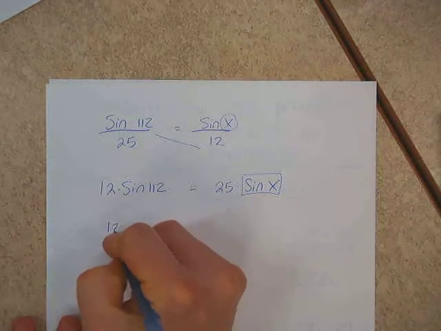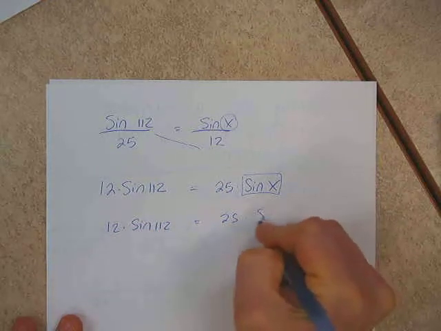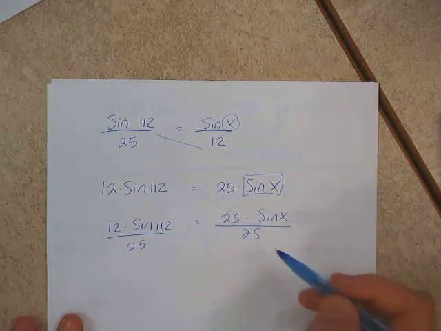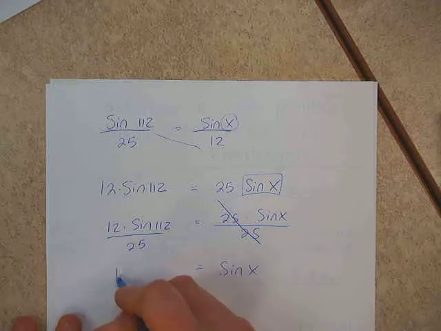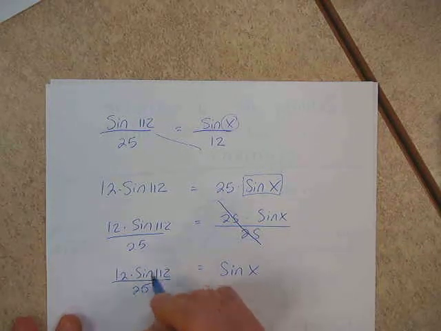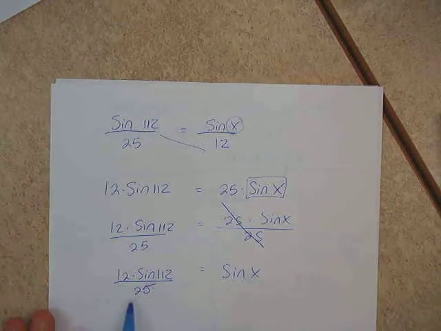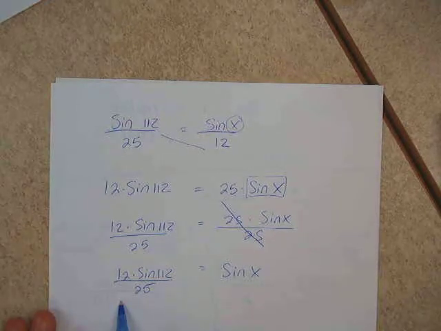These are a package deal, so maybe put a box around it or something so you don't try and separate them right now. We need to get rid of 25. So here, I'm going to rewrite this so you can see the total step. You're going to divide out 25. So we have the sine of x equals 12 times the sine of 112 over 25.